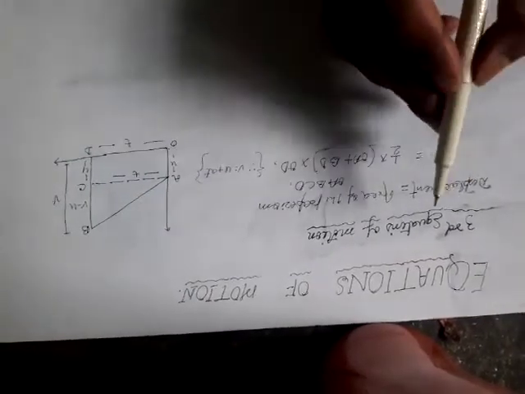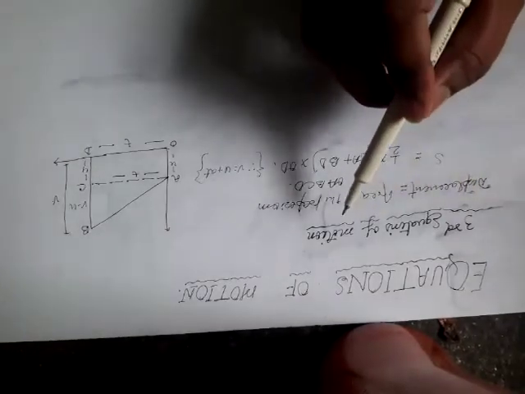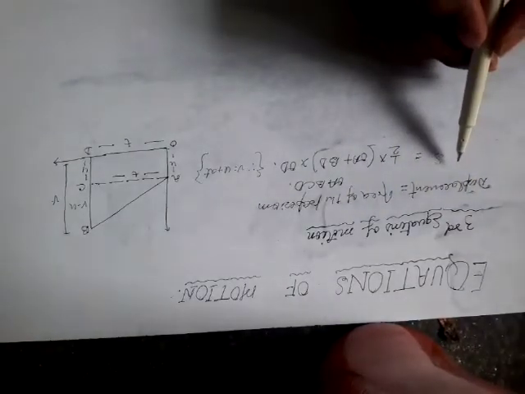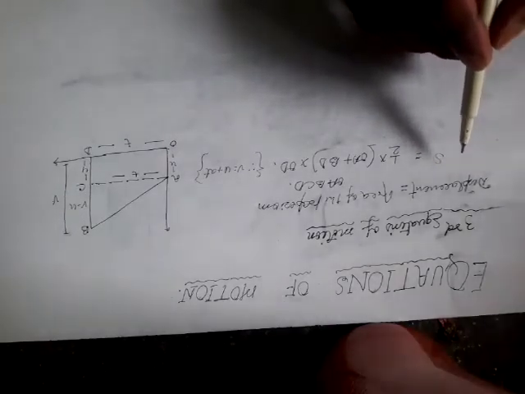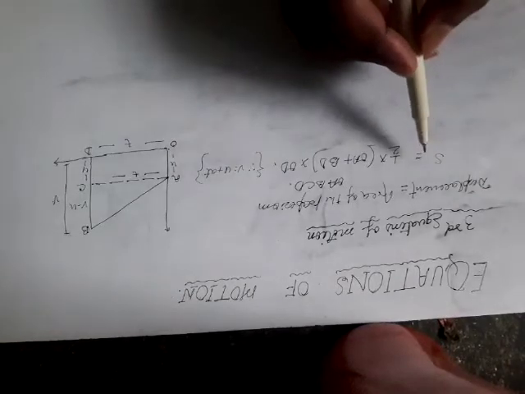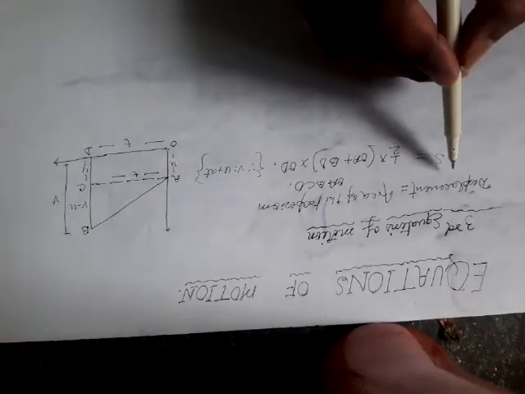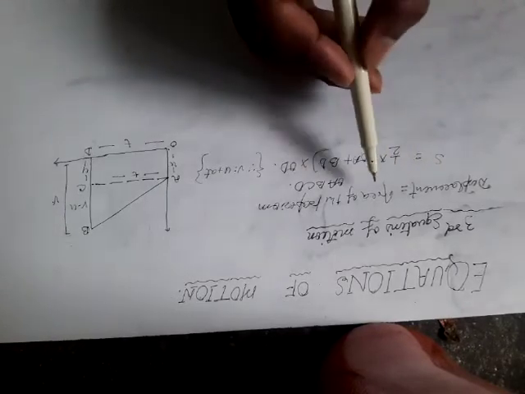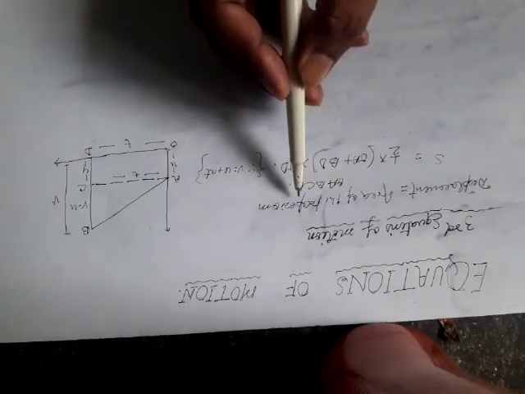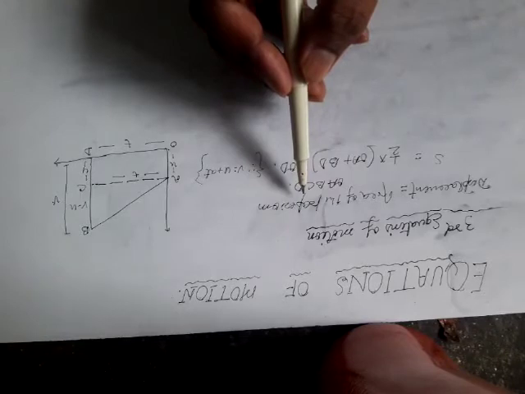Now, in order to find the third equation of motion, we will follow the same procedure as we did in deriving the previous equation of motion, that is displacement. In order to find the displacement of a moving particle, we always consider the area of the region in which the particle is moving.